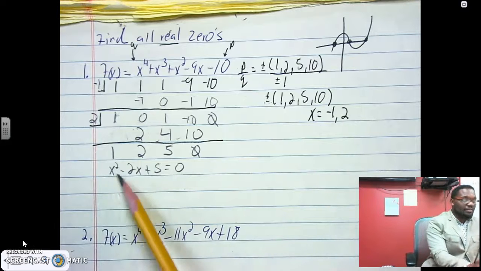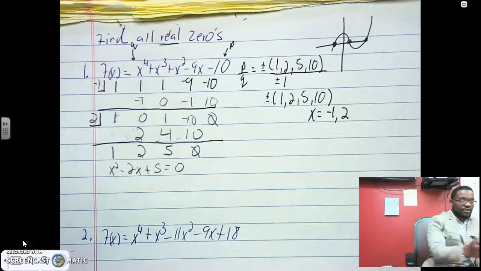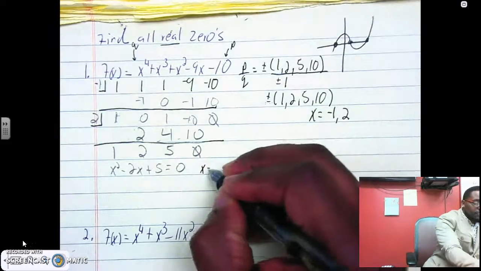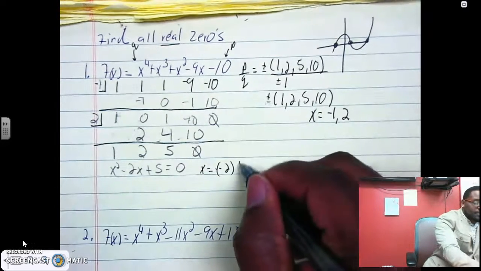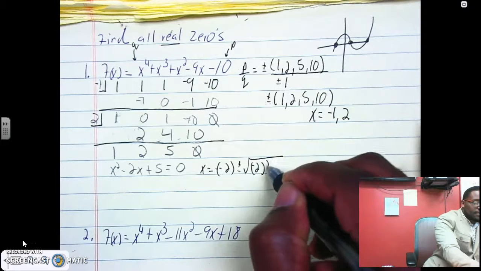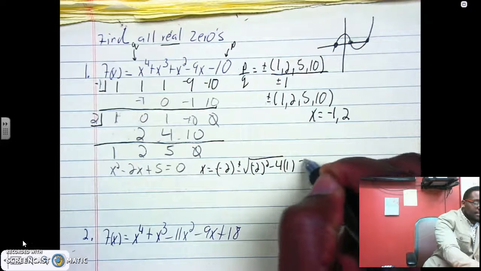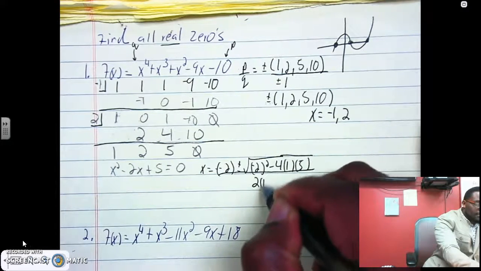No, because now I have this quadratic trinomial that I can actually work, and I can figure out by doing the quadratic formula, negative b plus or minus the square root of b squared minus 4 times a times c, all over 2 times a.